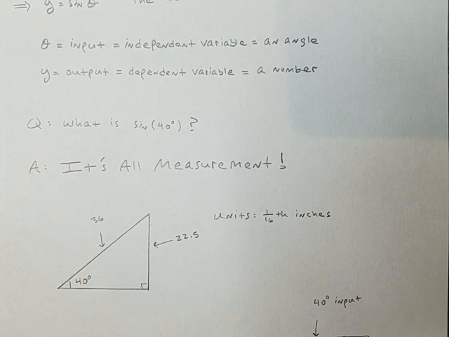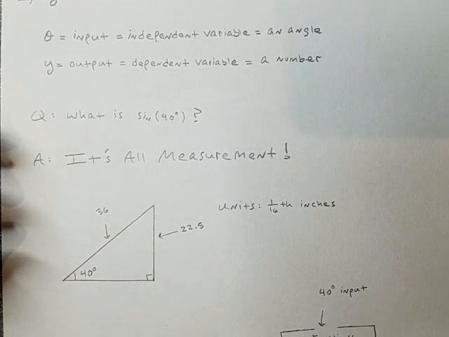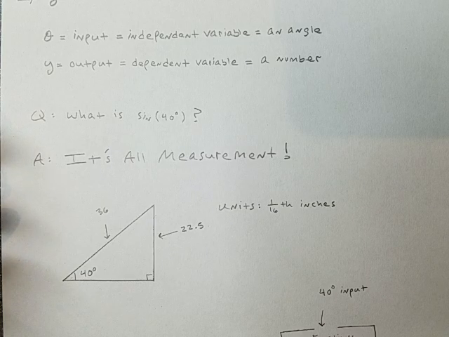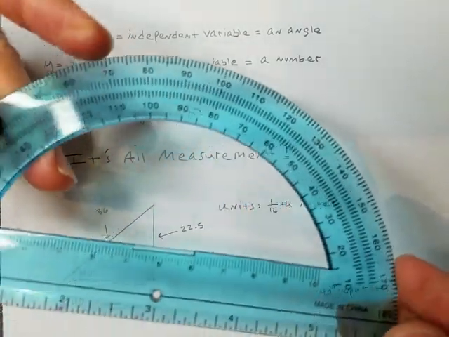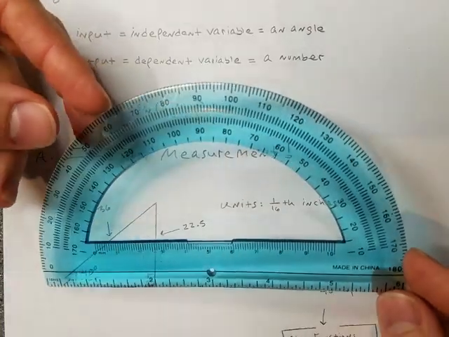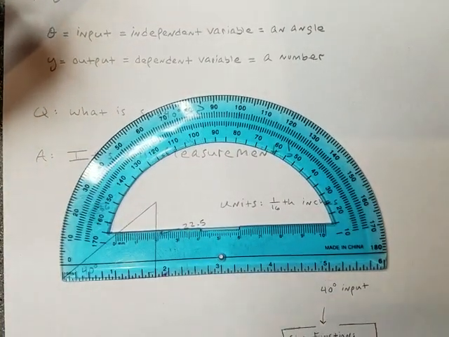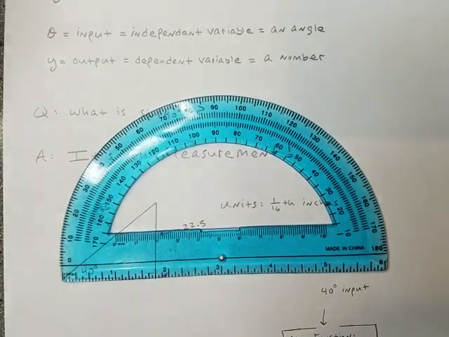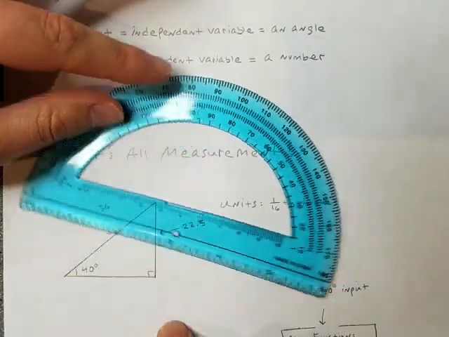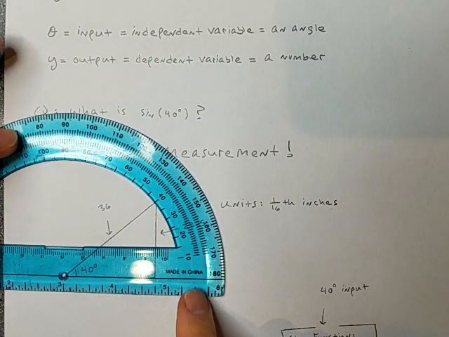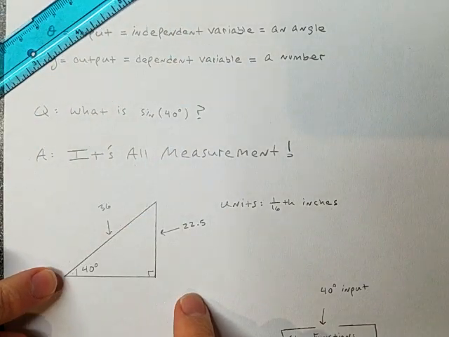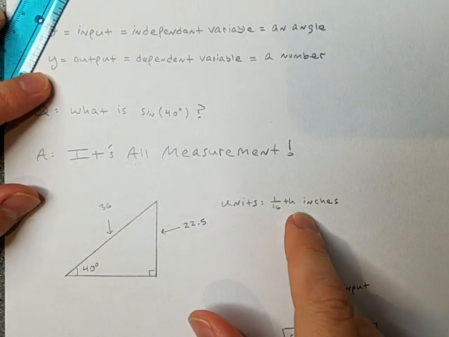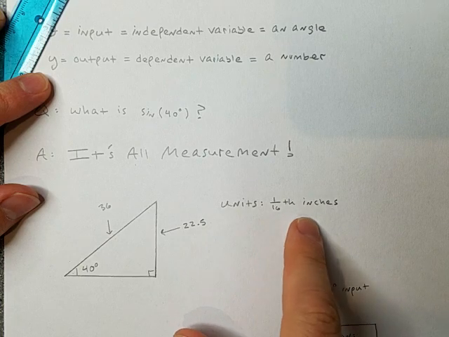So here I got my protractor, and you maybe have noticed in the videos I always keep stuff like this handy, because believe it or not, I think of math as being about numbers, and numbers are measurements. Okay, so I measured out this triangle at a 40-degree angle, and I decided I would do my units in 1/16 of an inch.